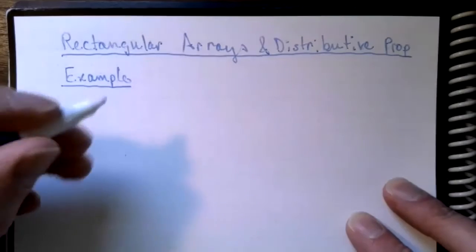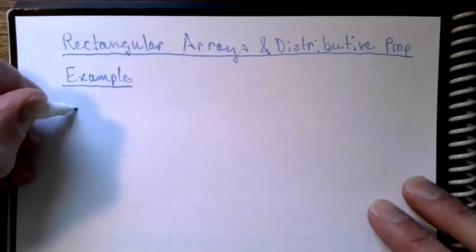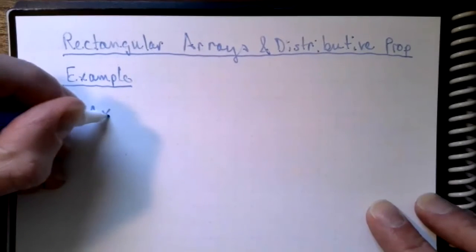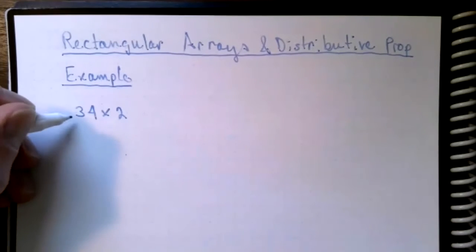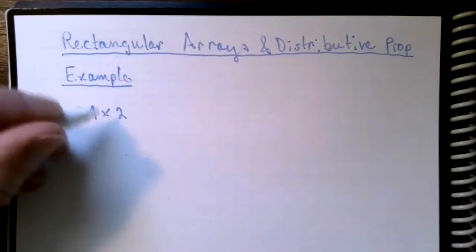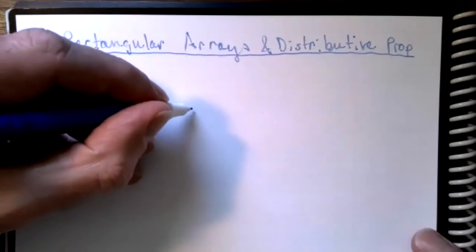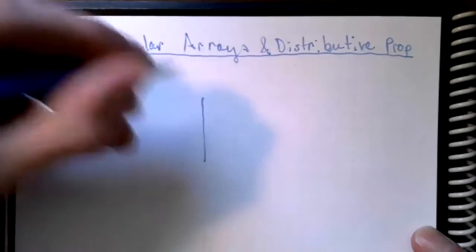Okay, let's do a quick example here. Let's say I wanted to do 34 times 2. Okay, fairly simple one. We could do this in the chip model very easily. But here's how I might do it in the rectangular array model.